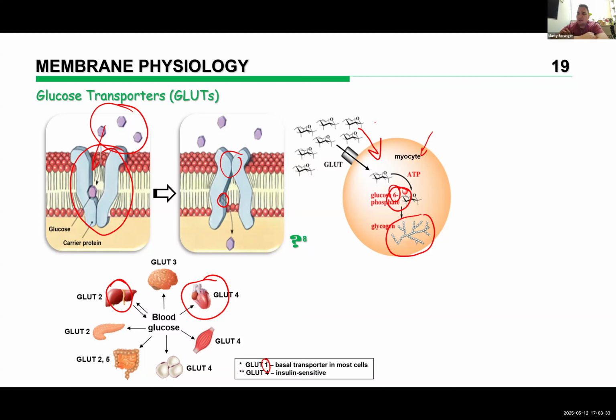It would create a hypertonic environment. Then what would happen? The cells would lyse. Yeah, water would come in and the cell would lyse. But by making it into glycogen, that doesn't contribute to its osmotic potential. So yeah, a couple reasons why we convert glucose into glycogen.